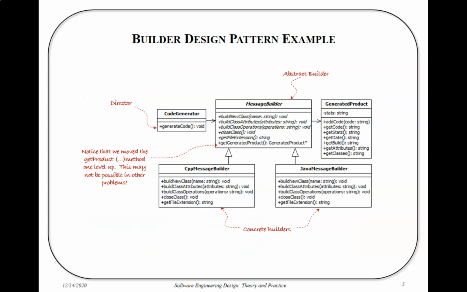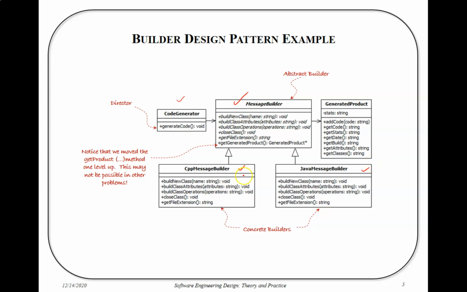So this is the diagram that represents the builder design pattern for our example. We have the code generator that executes, step by step, the construction process provided by the message builder. The message builder is an interface, so it is implemented by either the CPP builder or the Java builder.